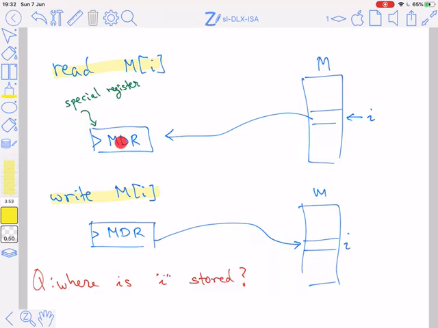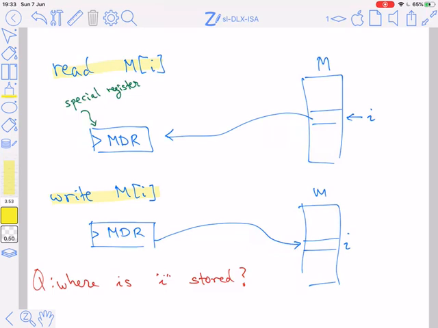When you want to read M[i], you access the ith word in your memory array, and you copy the contents that is stored over here into the MDR. When you want to write, you just reverse the arrow. Instead of going from M[i] to the MDR, you copy the contents of the MDR and you store it in M[i], in the ith entry in your array.